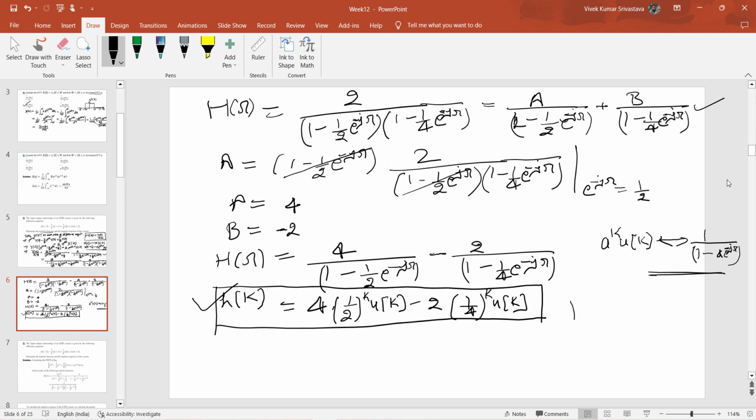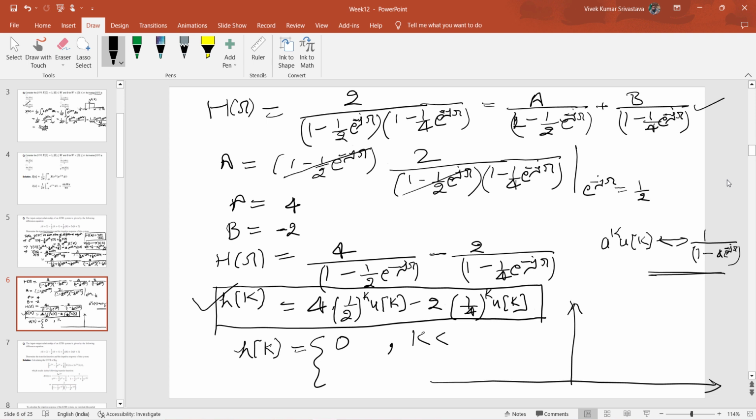While plotting, we first see that h of k will be 0 for all k less than 0, that is for all negative values of k, because u of k is multiplied with both of the terms of h of k.